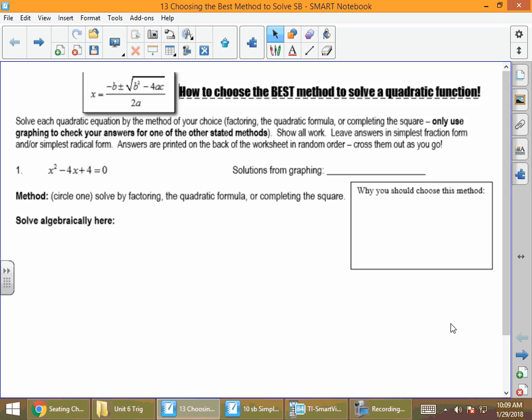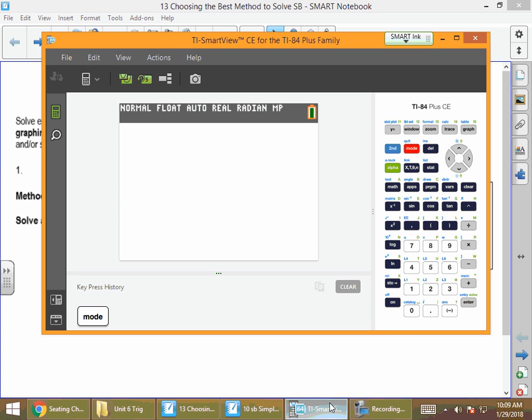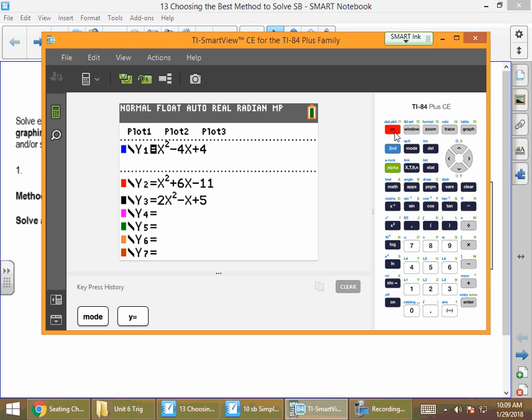But what might be helpful for you is if we pull out our calculators and we go to y equals and we type in x squared minus 4x plus 4. I know I have them all typed in here, but the first one should show up. So you're going to go to y equals and type in x squared minus 4x plus 4.